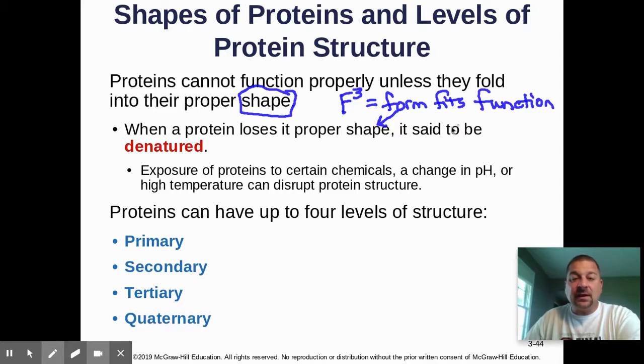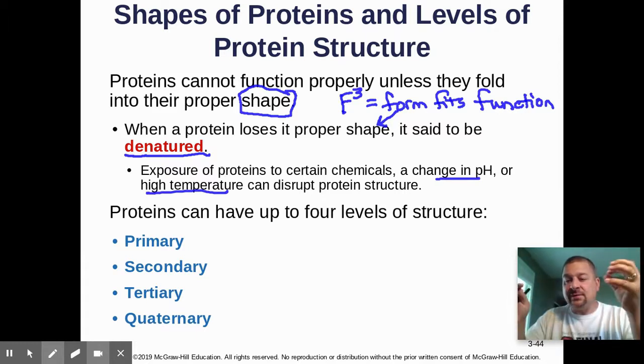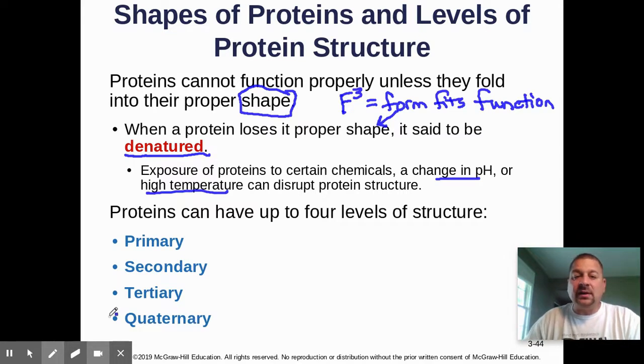If it loses that shape, we say it's denatured. When an enzyme is denatured because of a change in pH or too high a temperature, that can disrupt the bonding patterns within that chain of amino acids, and then it loses its shape and doesn't work properly. So we say the protein is denatured.